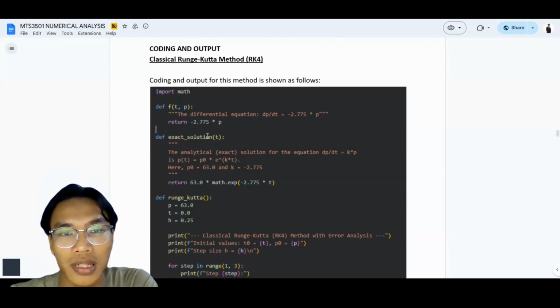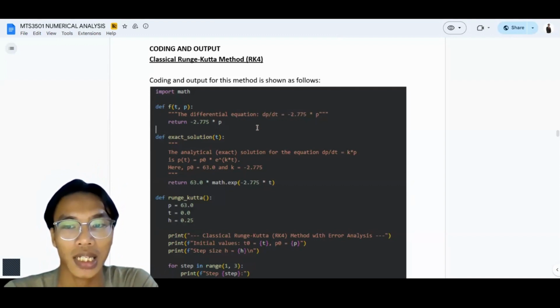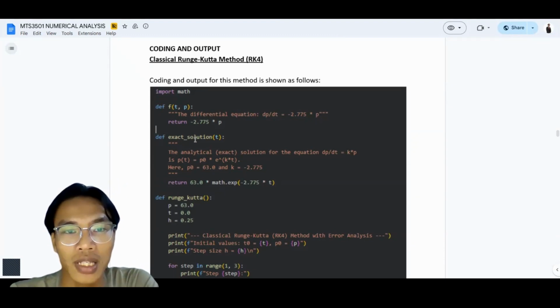This function represents our differential equation, specifically for the traffic model, which is dp over dt equals negative 2.775 times p. Second, def exact_solution(t) to verify the value for our model. Here we introduce P0 equals 63 and k equals negative 2.775.